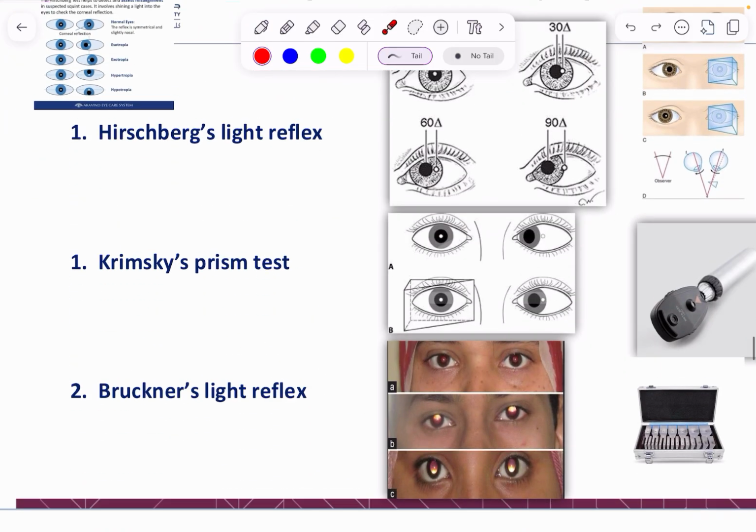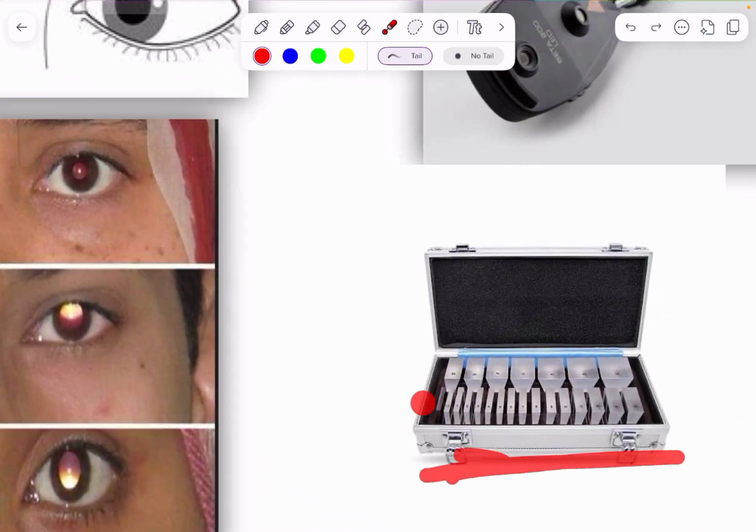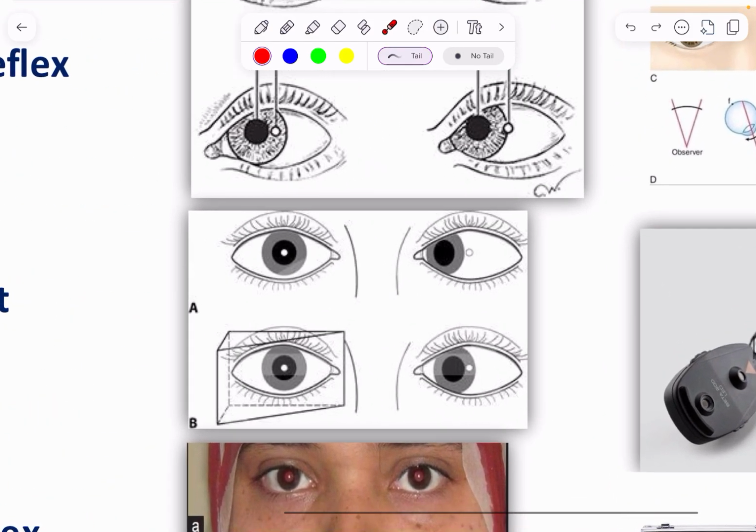That's the first thing. Second, we have Krinsky's prism test. So what's the idea here? If you enter the clinic you'll see a box with prisms of different sizes. The idea is that you're going to hold a prism in front of the fixating eye, which is the normal eye, and we want to measure how misaligned the eyes are.